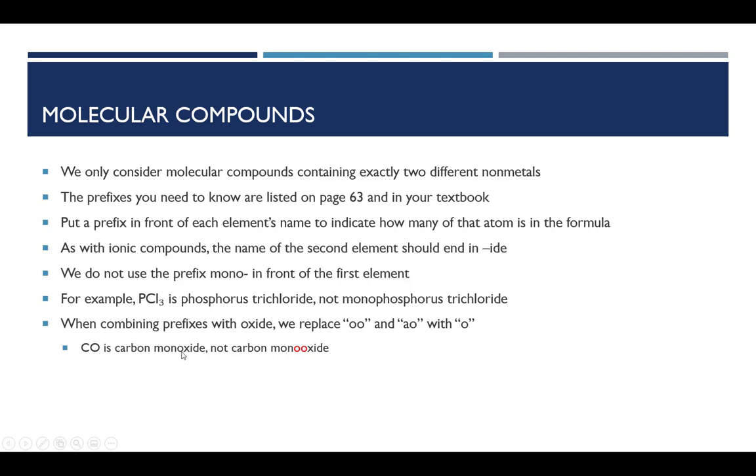So it's carbon monoxide, only one O, and not carbon monooxide with two O's. And here's another example. We have two nitrogens, so dinitrogen, and then four oxygens would be tetroxide, but we prefer just having tetroxide instead of having the A and the O together.